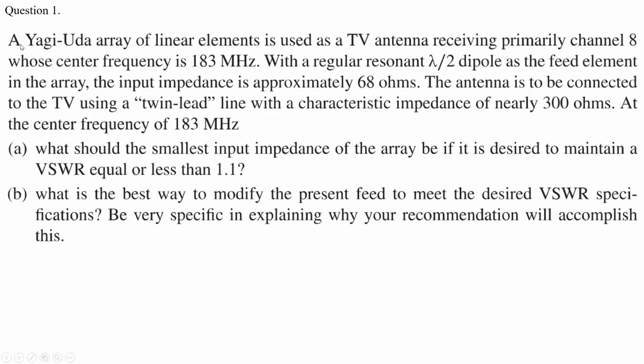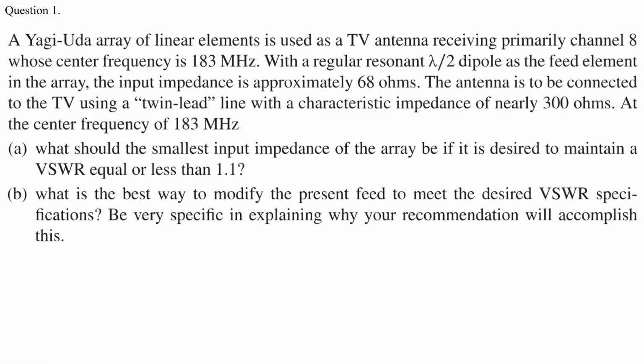Question 1: A Yagi-Uda array of linear elements is used as a TV antenna receiving primarily channel 8, whose center frequency is given as 183 megahertz, with a regular resonant lambda by 2 dipole as the feed element. In the array, the input impedance is approximately 68 ohms.